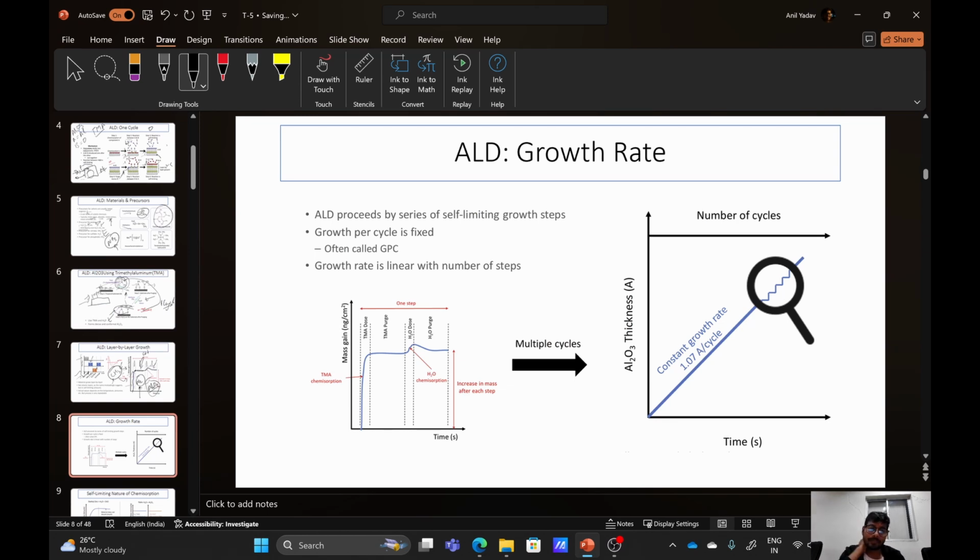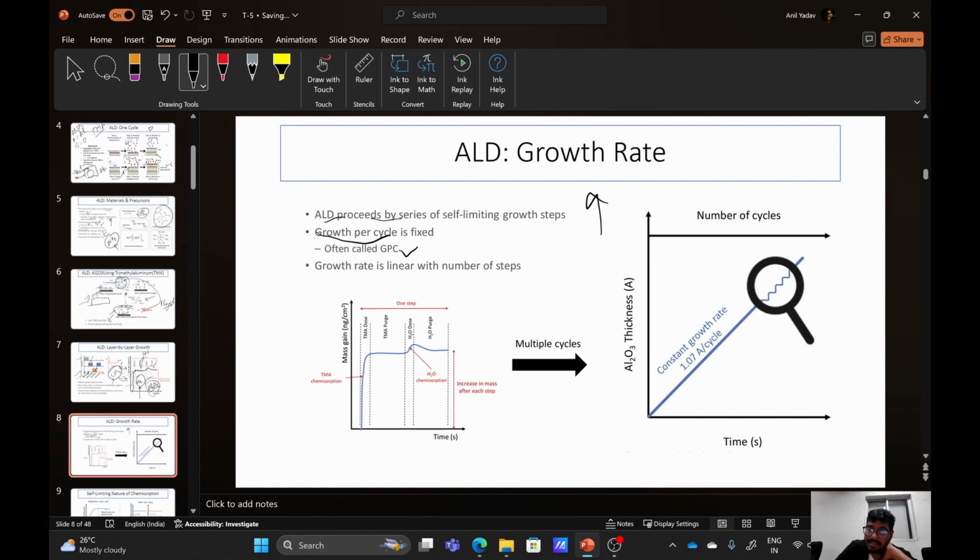And the growth rate is like a thickness per cycle, the GPC, growth per cycle. So this ALD process proceeds with a series of self-limiting growth steps.